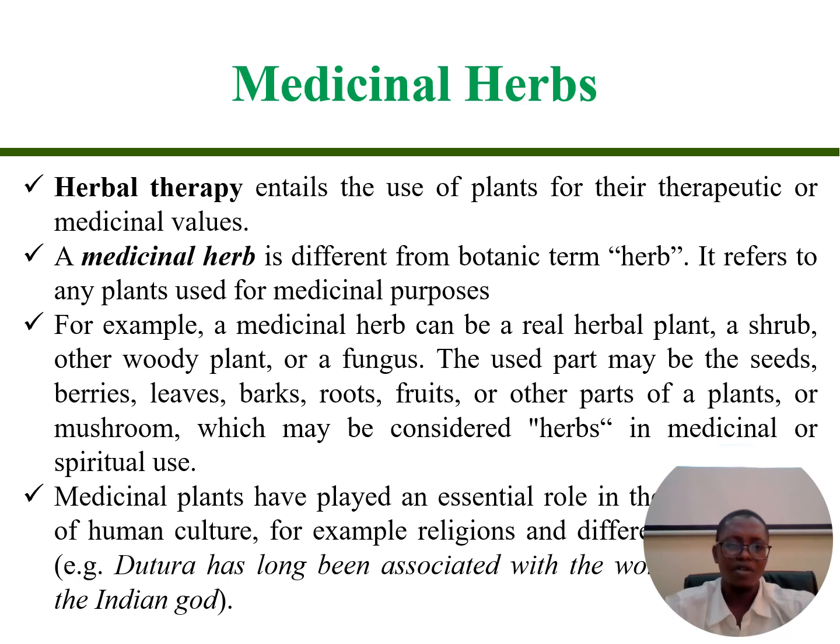For example, a medicinal herb can be a herb in the botanical sense, a shrub, or a tree. It may be fungi. It may be any part of either a lower plant or a higher plant. They use any of the parts of the plant like seeds, leaves, barks, roots, fruits, and any other. They even use sap of plants to cure diseases and for spiritual uses.